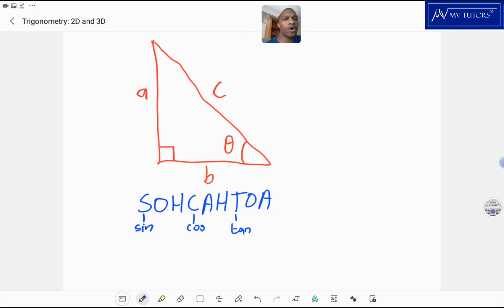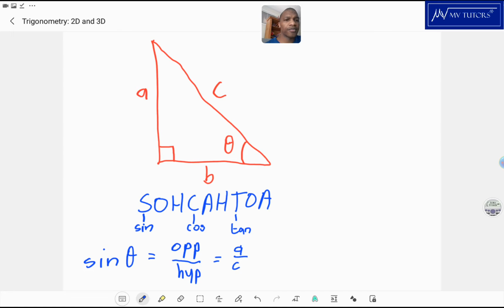Now, these are the opposite of the angle itself and the adjacent of the angle itself. So when it comes to sine, sine theta of this particular red triangle, we know that it's opposite over hypotenuse. Which in this case, the opposite of theta is A divided by the hypotenuse, which is C, right?